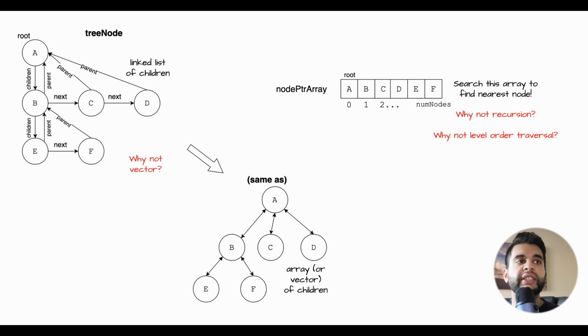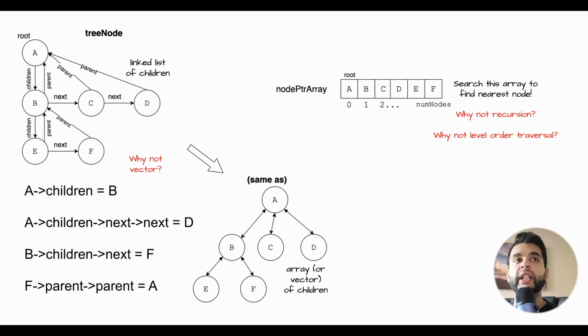In this picture, you can see a more clear diagram of my tree, which I explained before. Every time I add a node, I add its memory address to the node pointer array here. So in this case, we have B, C, D, which are children of A, and then E and F are children of B. So if I want to find, let's say D, it'll be A.children.next.next.